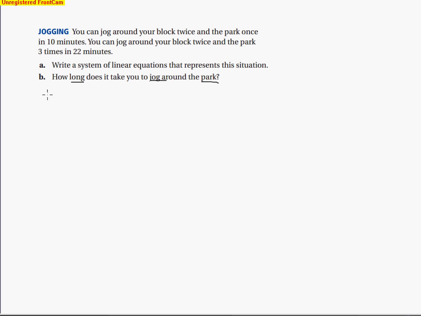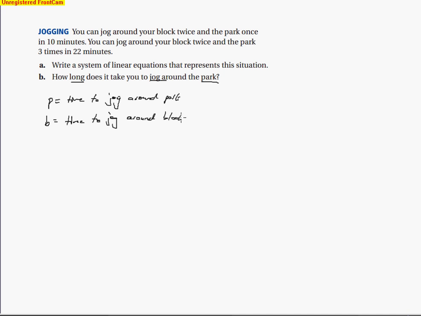And so let's write down that maybe P equals the time to jog around the park. And then I'll go ahead and define around the block, we'll go with B, the time to jog around the block.